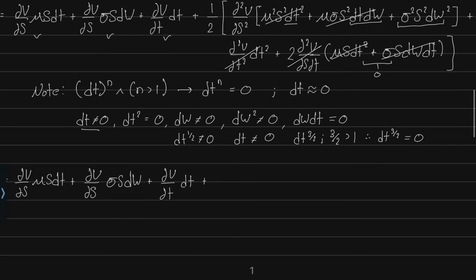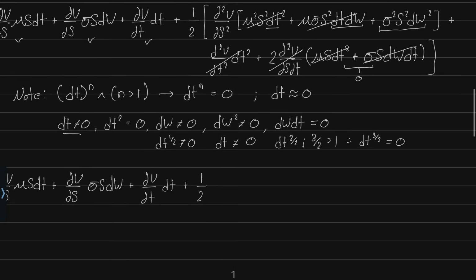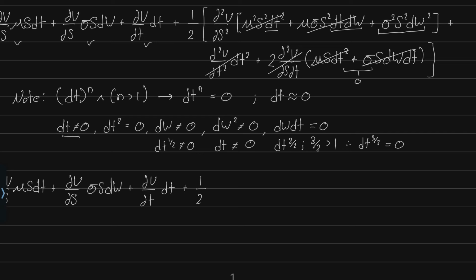Then we're going to add that with 1/2 times the only term in the second term Taylor expansion, which actually matters, which is going to be our d squared v ds squared, and the only term in this set that actually matters is going to be when it's multiplied with sigma squared s squared, and dw squared is just dt, so we can just write it as such.